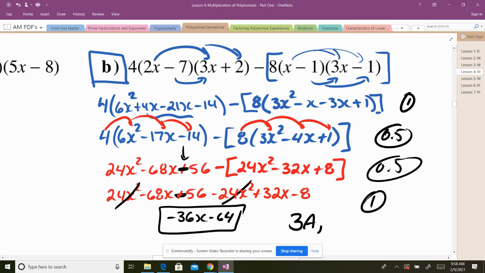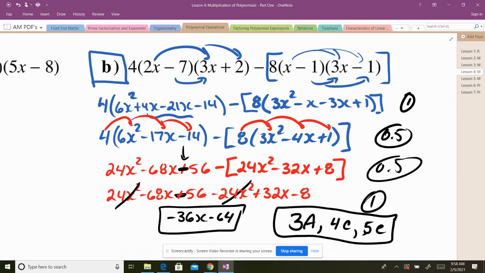Let's do 4, 4C, and 5E. And as always, do more if you need more. Do all 2, 3, 4, and 5 if you need the extra practice. Okay? I would recommend that.